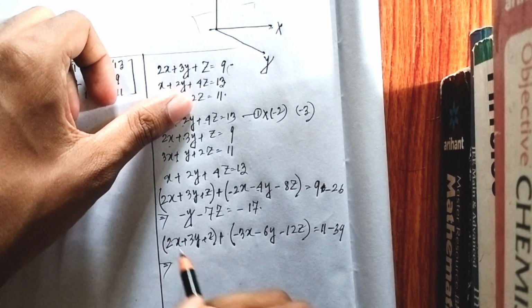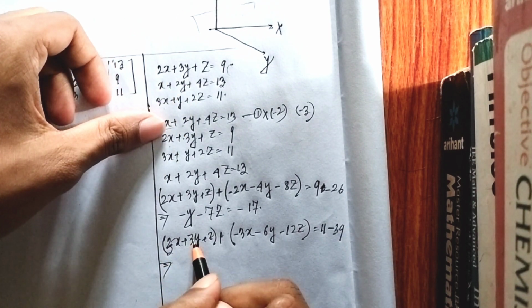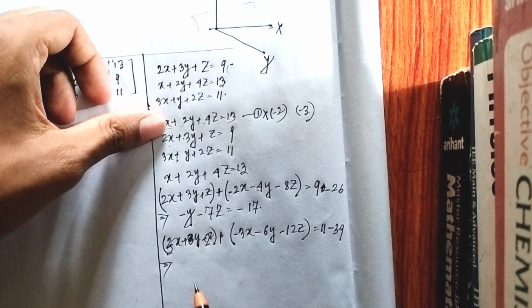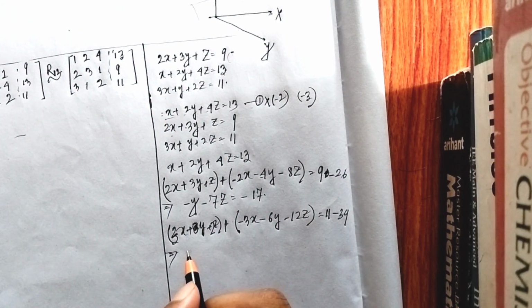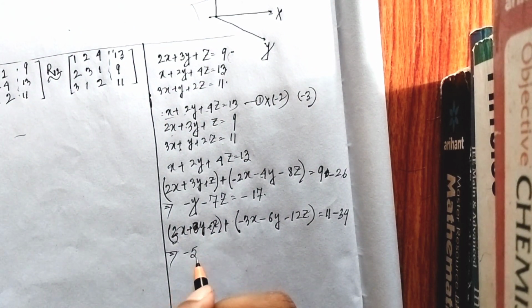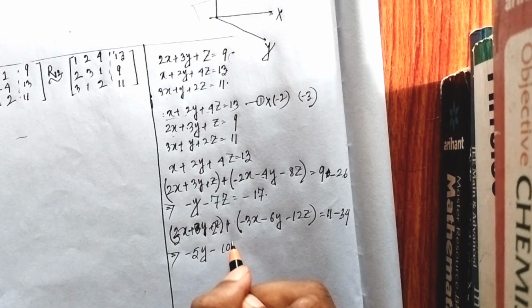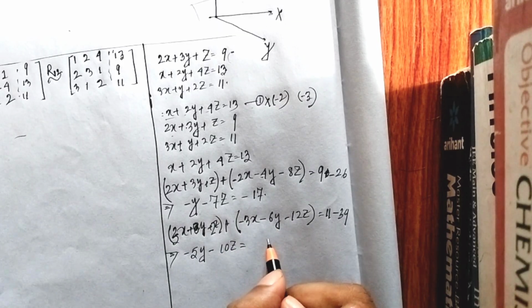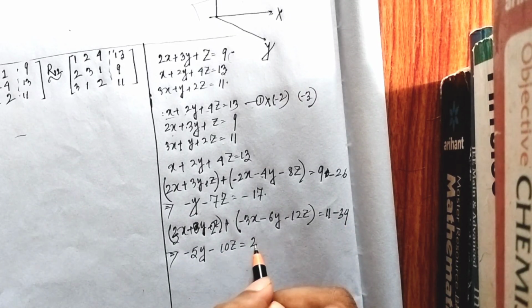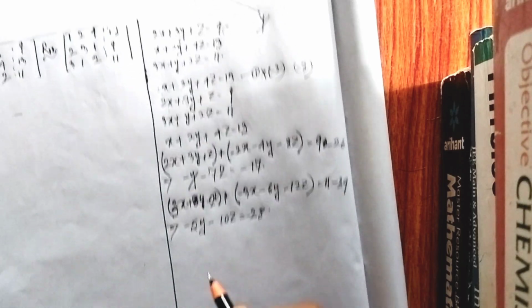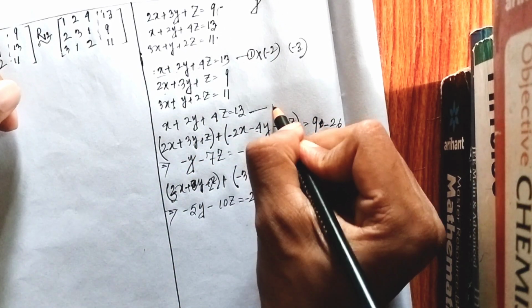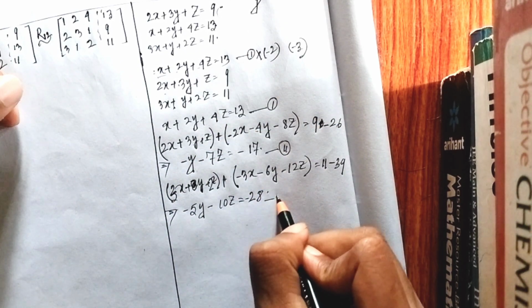Okay, so we will end up with, this is y, this is 2z, so minus 5y minus 10z equal to 20 minus 28. Okay, so we will have these two equations, and these are all valid operations.